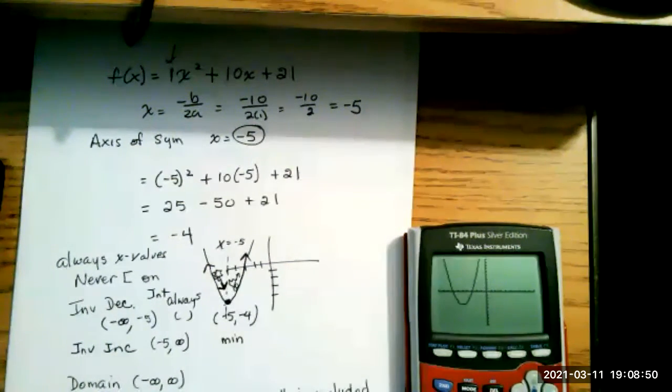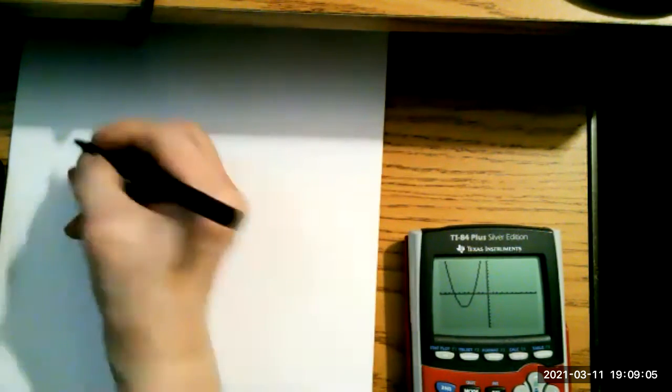Okay? Now see, that's what that looks like because that vertex is going to be at -5, -4. But one of the things that you've got to find is the vertex, and we're going to do that on here. All right, we're going to find this vertex. Let me put this equation in here.